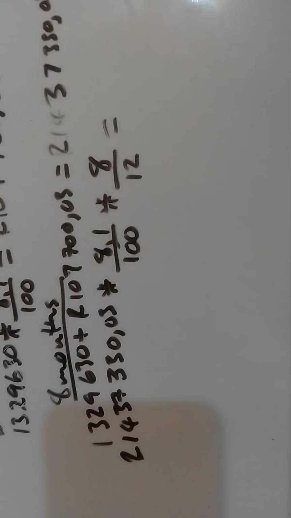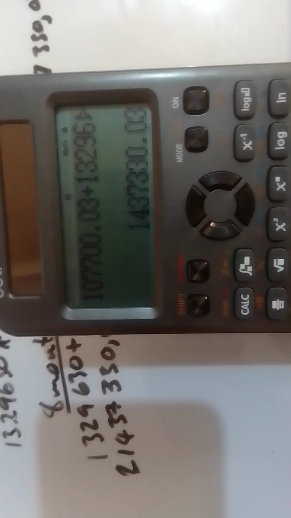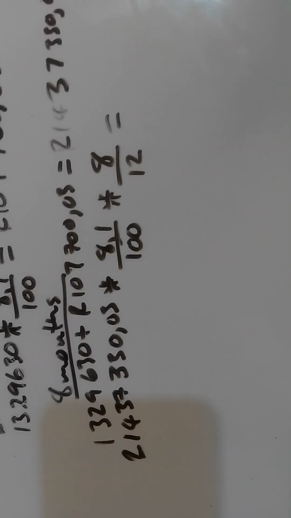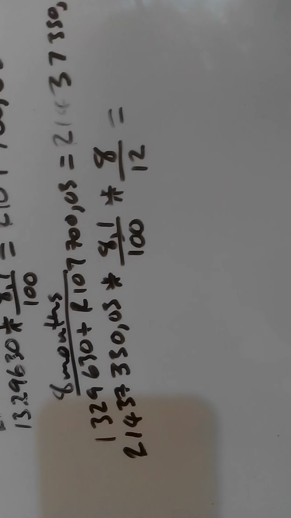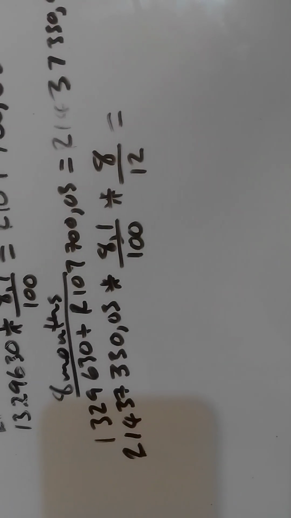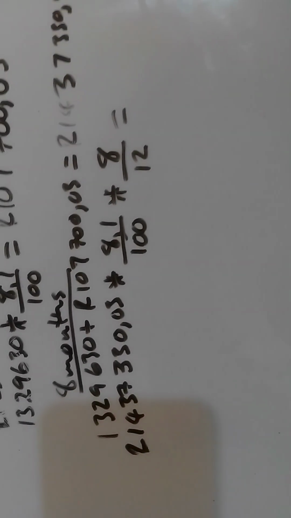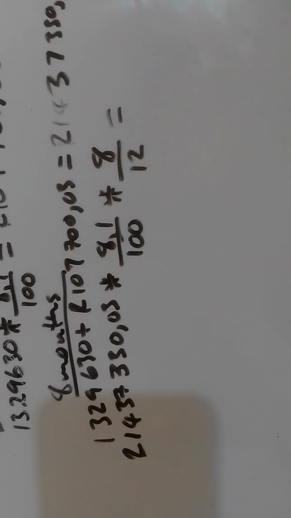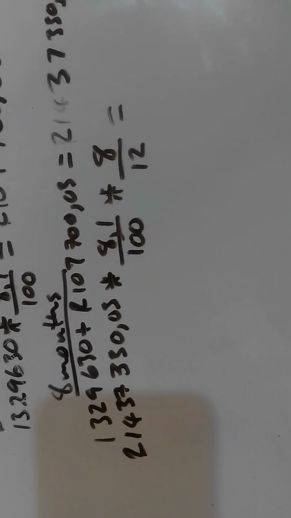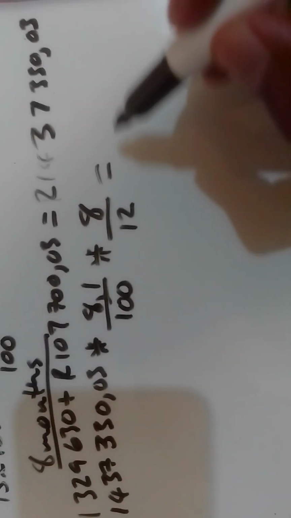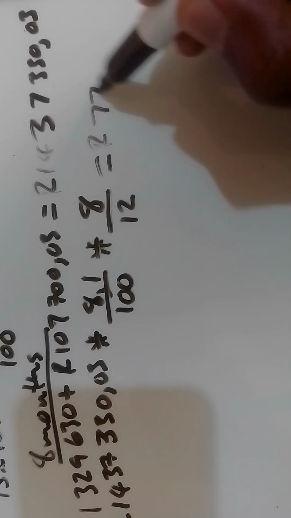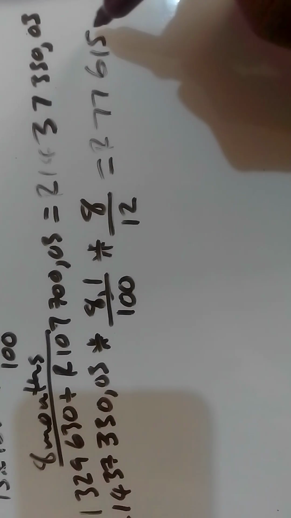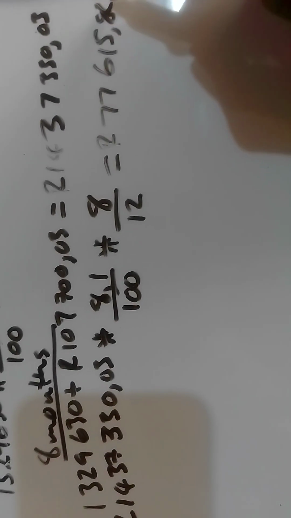All right. What do we get? I already have the 1,437,330. So now I multiply it by 8.1%, and I multiply that by 8 over 12 to find the interest for the 8 months. Then the interest for 8 months is 77,615 rands 0.82.